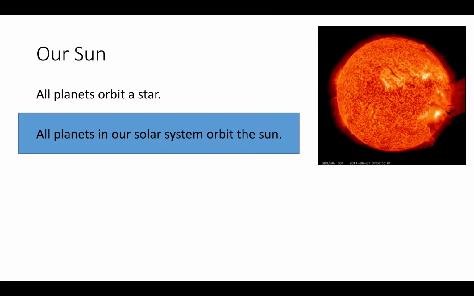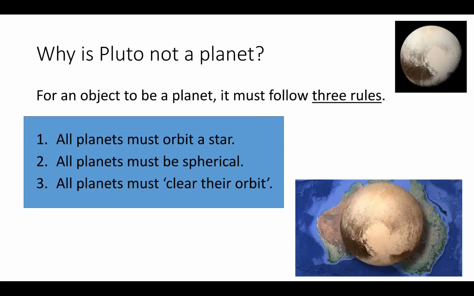Let's see what's next. So let's talk about Pluto. So why is Pluto not a planet? So for an object or a body to be classed as a planet, it must follow 3 rules. So the planet in question must orbit a star. It must be spherical, so big enough to be spherical.